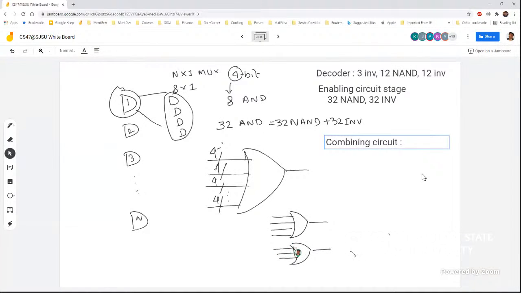So this one is nothing but a combination of 4 individual 4-input ORs, and each of them is basically a combination of 2-bit ORs.